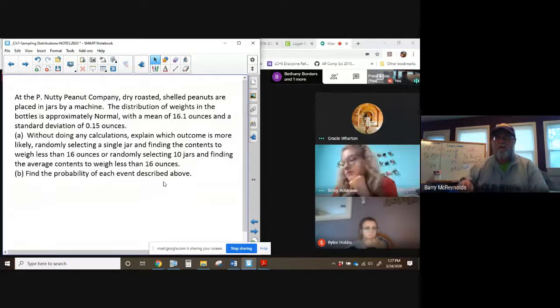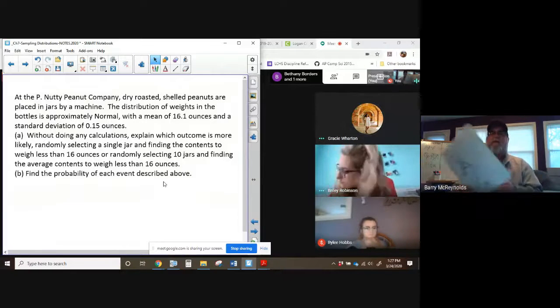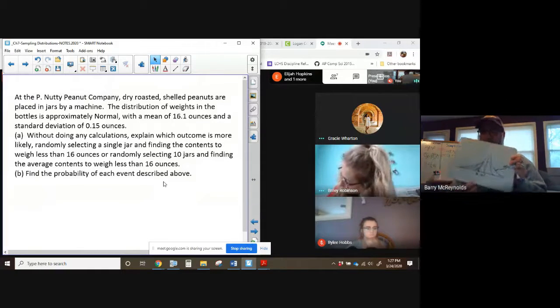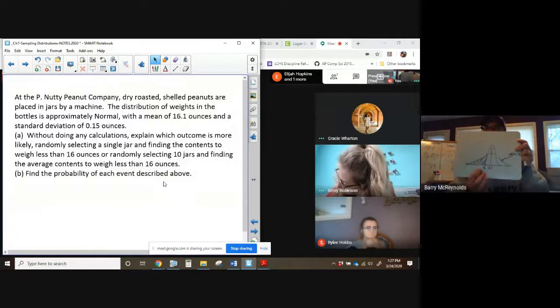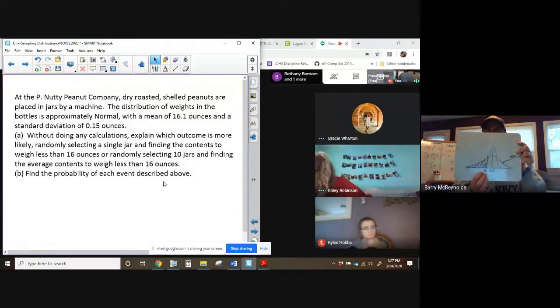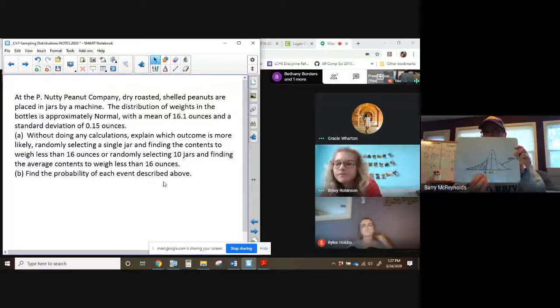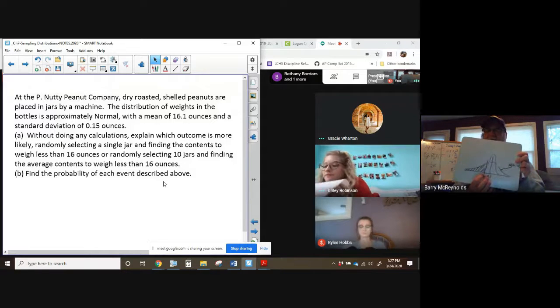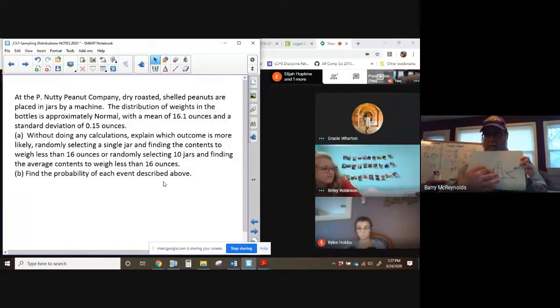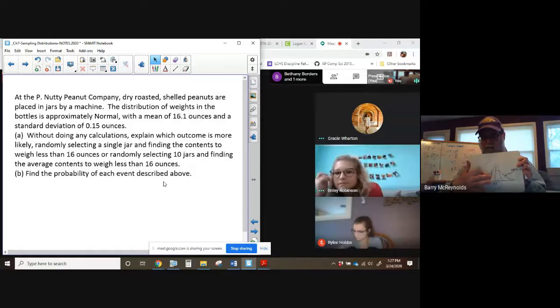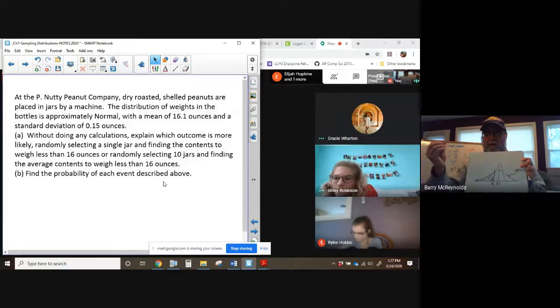What I'm trying to do with part A here is to get you to grasp conceptually what you see in this diagram. I'm comparing the tiny little purple portion with the much bigger shaded portion. The shaded portion represents pulling one jar off the line and getting a weight less than 16 ounces.